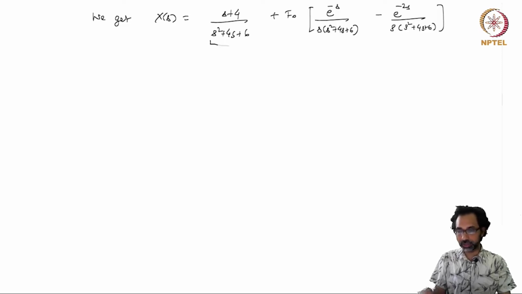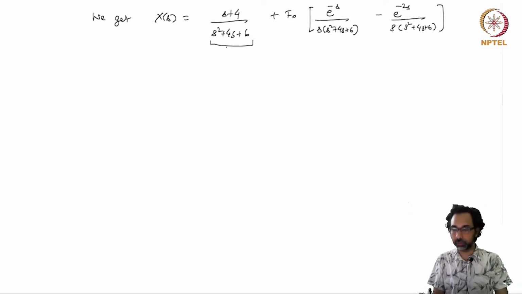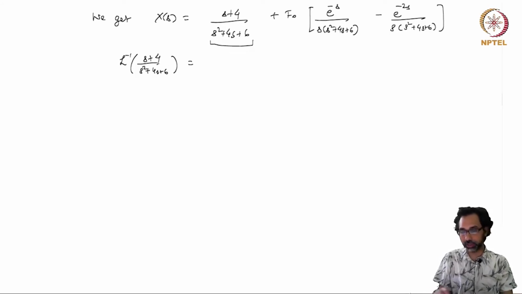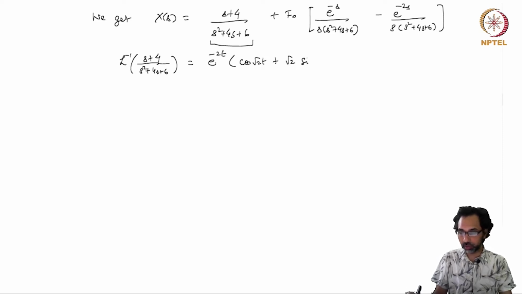So the first term is simply the one we got before, and we had computed the inverse Laplace transform for this, which was (s plus 4) over (s² plus 4s plus 6). The inverse Laplace transform was e to the power minus 2t times cosine of root 2 t plus root 2 sine of root 2 t.